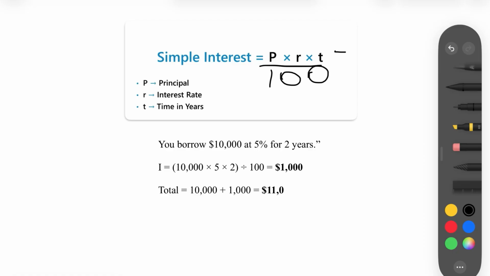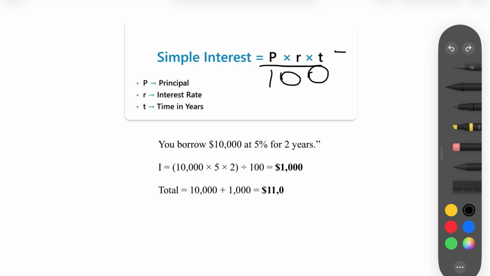Math rule: we solve what's in the bracket first, and then we divide by 100. And as we can see here, the answer is $1,000. Now, do we just leave it here?